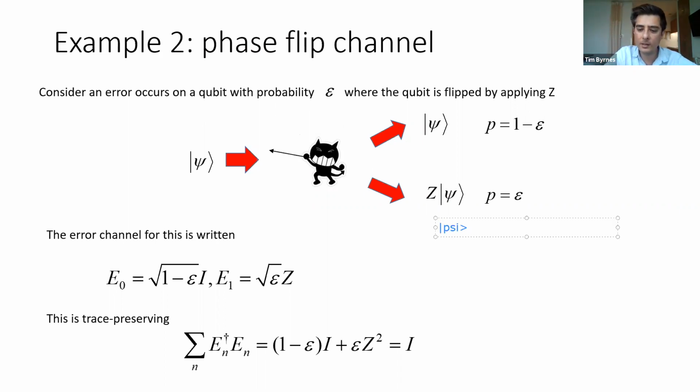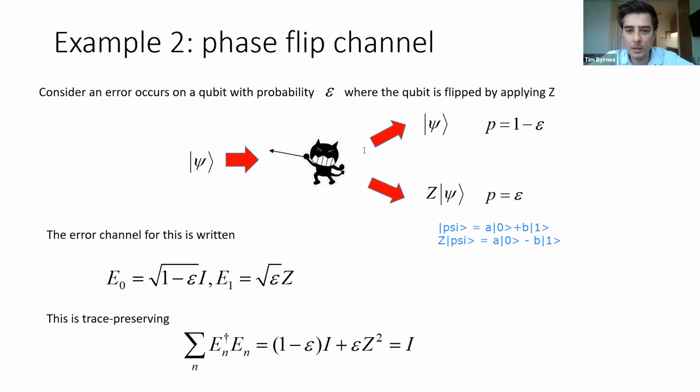If psi is, say, equal to 0 plus 1 like this, then what Z of psi does is flip the sign of the 1 term like this.